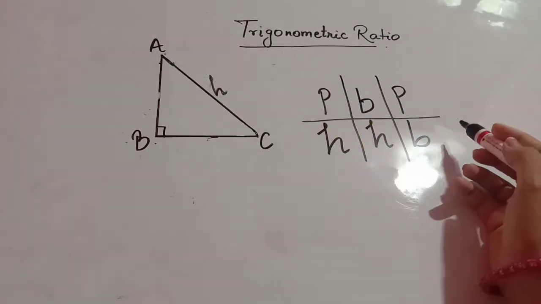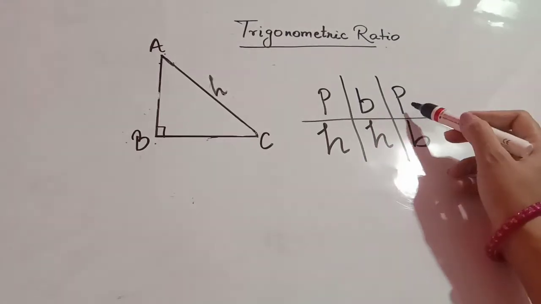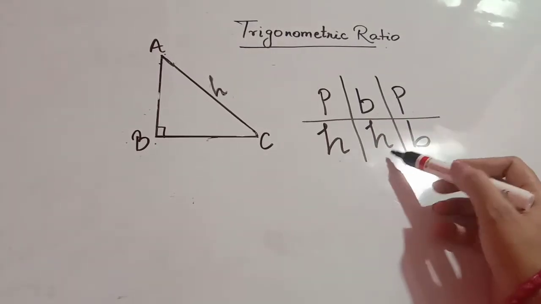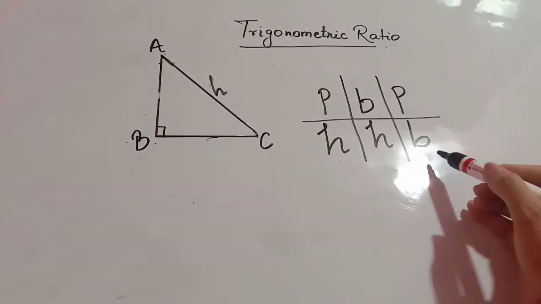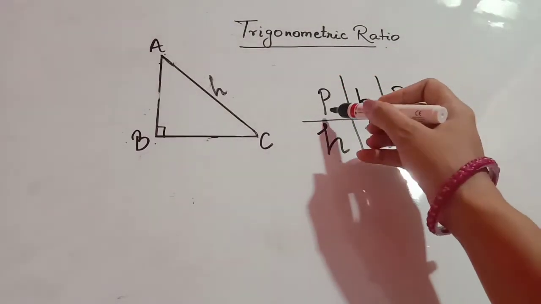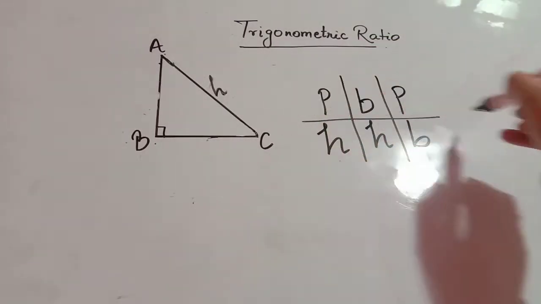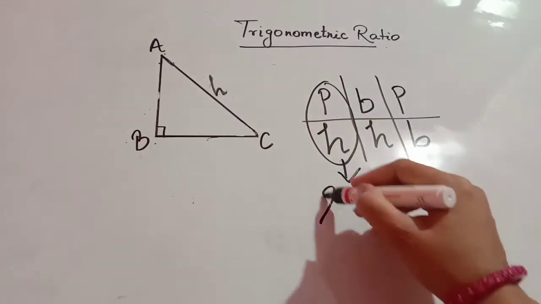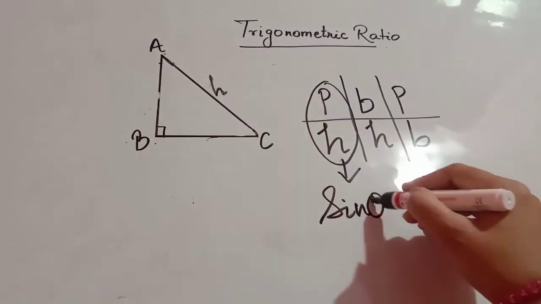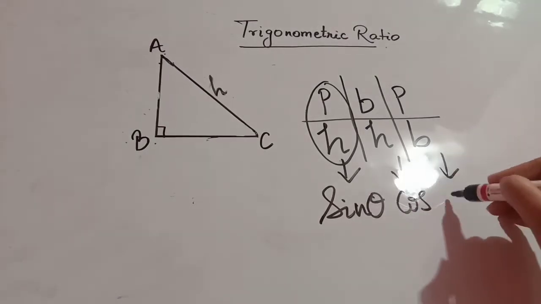We can say: Pandit Badri Prasad Hari Hari Bol. Now we have written it in the form P, B, P, H, H, B, and then divide in this sequence. So this part is your sine A, sine theta. This is your cos and this one is your tan.